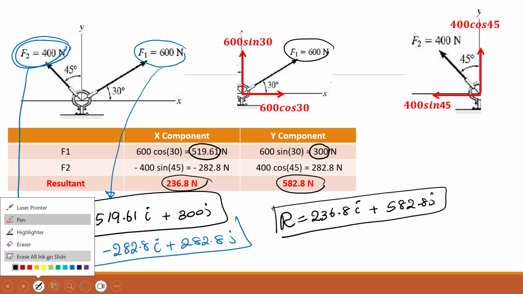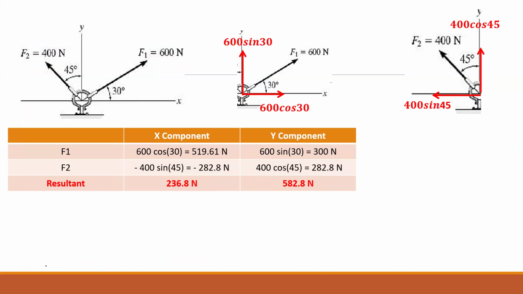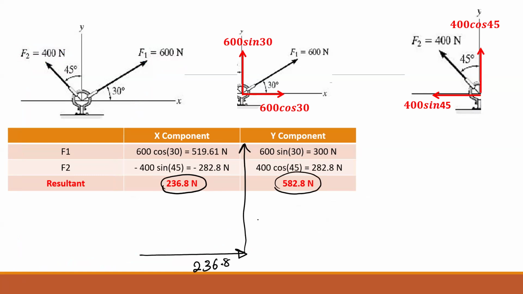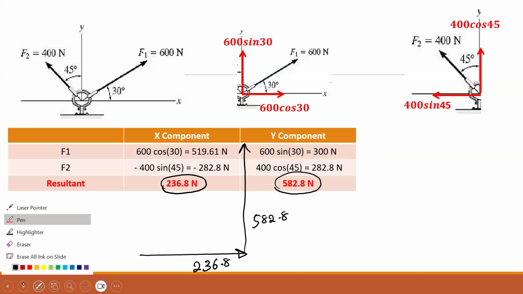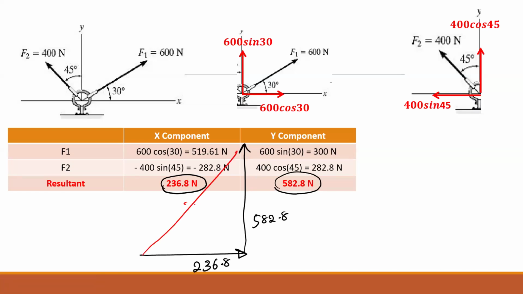How can we do that? You draw the vector diagram. So this is a positive x. Towards the positive x side, you have 236.8. Towards the positive y direction, you have 582.8. So start to end will give you the resultant, which is this one.